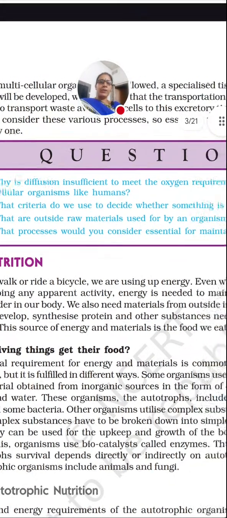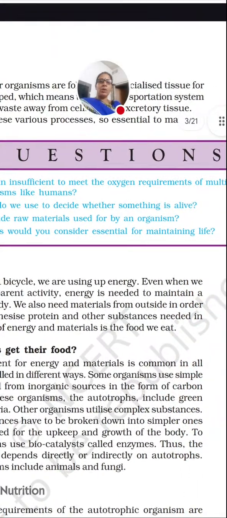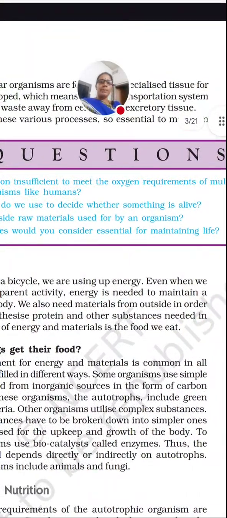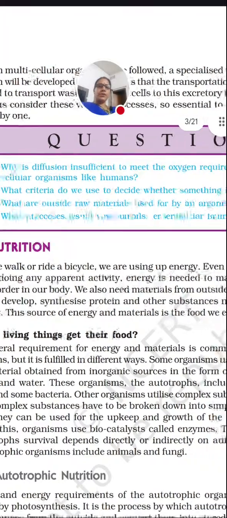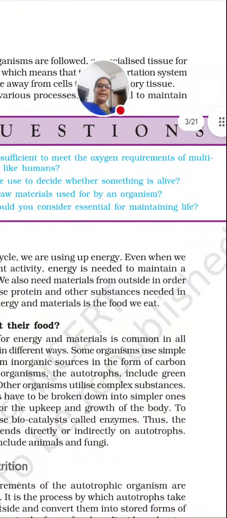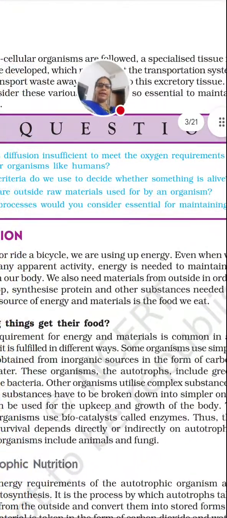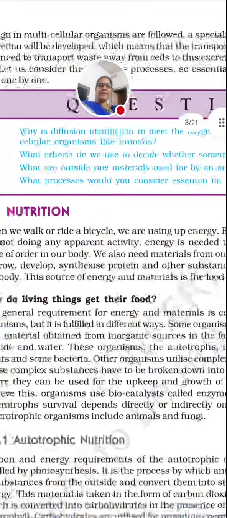The outside raw materials are oxygen, carbon dioxide used by plants, then water, food. Depending on the organism, different kinds of raw materials are used. Now, what process would you consider essential for maintaining life? For maintaining life, life processes are essential.